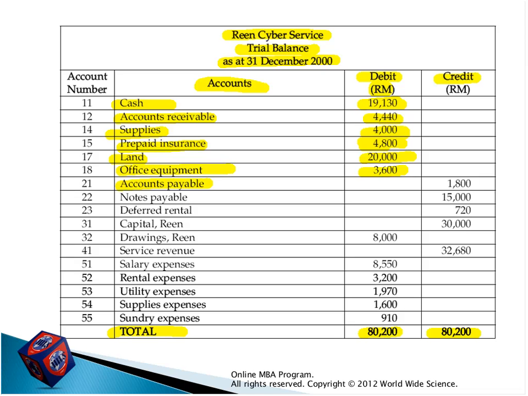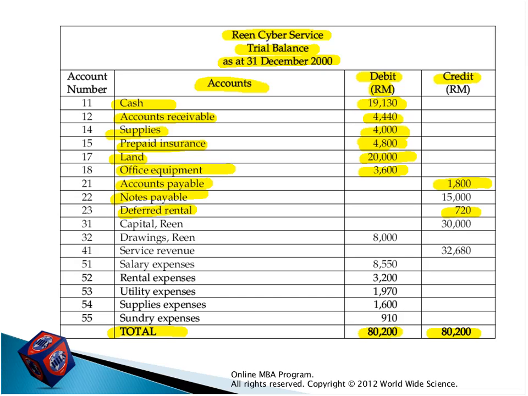And when we have liabilities, it will be increased from the credit side, and we show this amount on the credit side. Next one, notes payable as well, the money which we have to pay in the future. It's our liabilities. Deferred rental, the rental payment which we have to pay, but we haven't paid yet. Maybe we'll pay later.